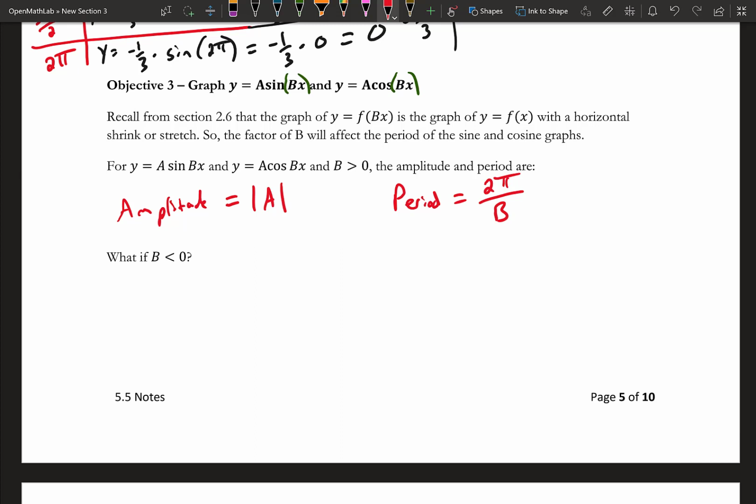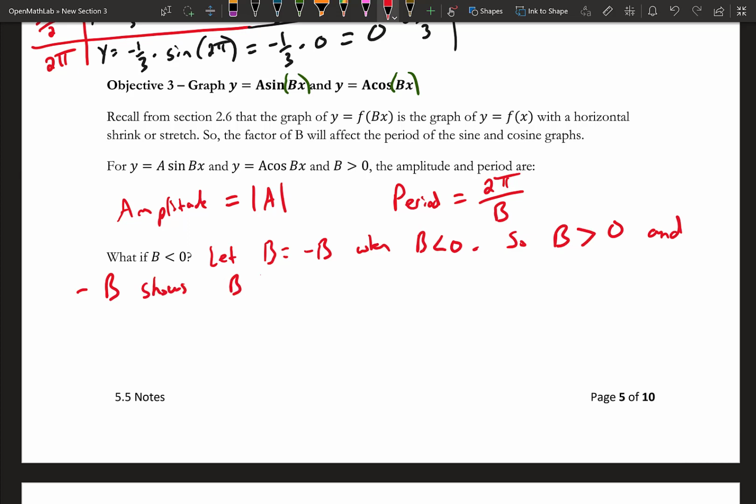So let me write down some things here. Let's say, let b equal to negative b when b is less than 0, right? So in other words, we're saying that the variable b by itself is always positive, and if I write negative b, that shows that b is truly negative, right?